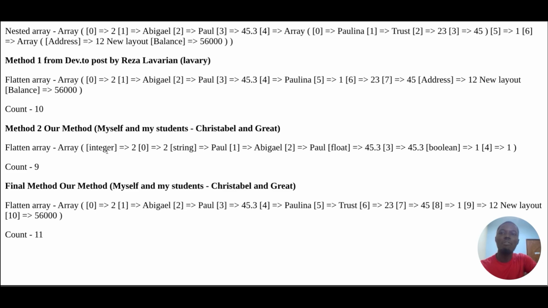When we count everything together, let's go: 1, 2, 3, 4, 5, 6, 7, 8, 9, 10, 11. So you can see that we have a count of 11.